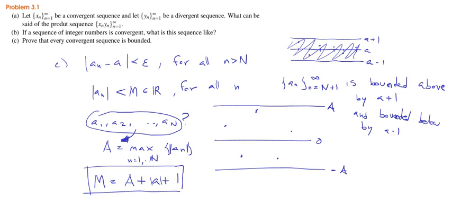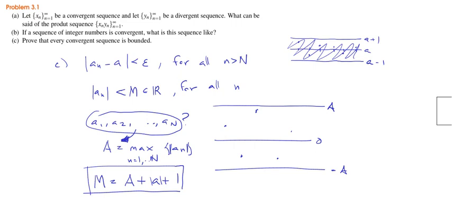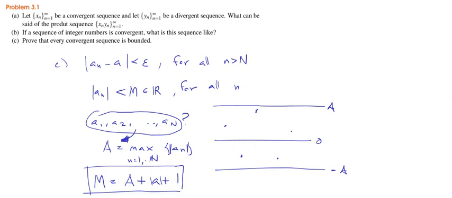So let me erase this. Suppose the limit a is here, and this is N. After N, we know the sequence is bounded around here, and before it's bounded around here.